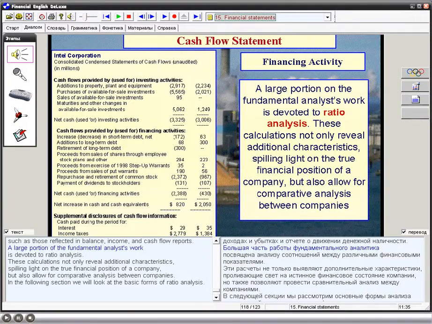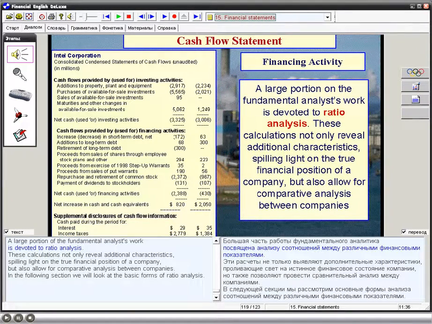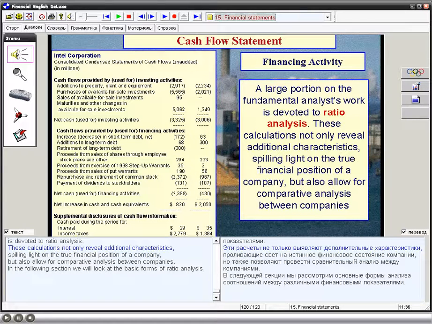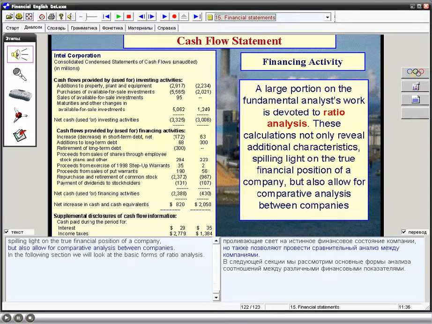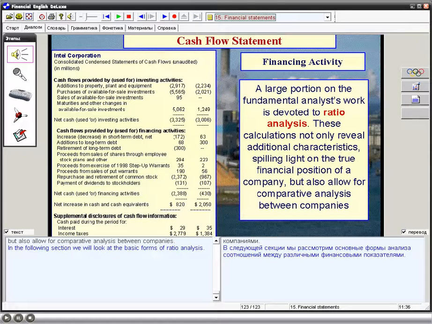A large portion of the fundamental analyst's work is devoted to ratio analysis. These calculations not only reveal additional characteristics, shedding light on the true financial position of a company, but also allow for comparative analysis between companies. In the following section, we'll look at the basic forms of ratio analysis.